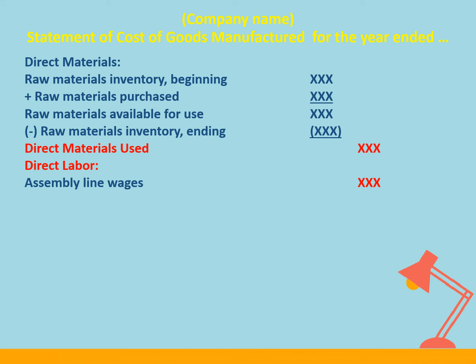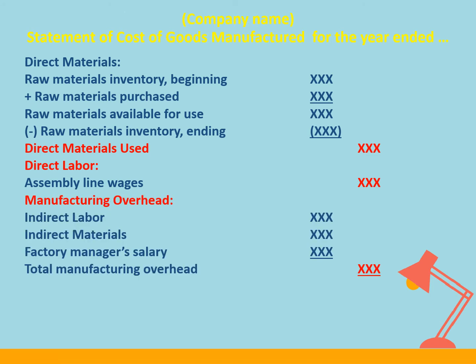Next, we will add with the direct labor. For instance, assembly line wages. Next, we will add with the manufacturing overhead. Examples are indirect labor, indirect materials, and factory manager's salary.